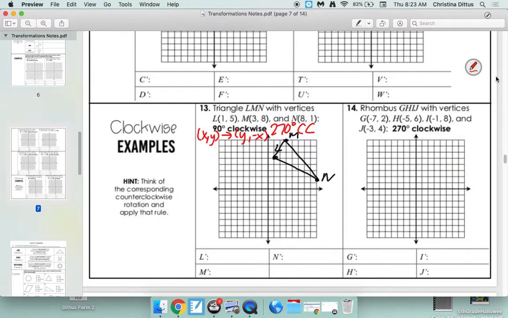On the bottom, down here. Clocks go this way, so we're in this box. All right, so our rule (x, y) becomes (y, negative x). I got (1, 5), so I need to flip them. It becomes (5, 1). And which one's going to become negative? The 1. So (5, negative 1): 1, 2, 3, 4, 5. And I am down here. Thank goodness.